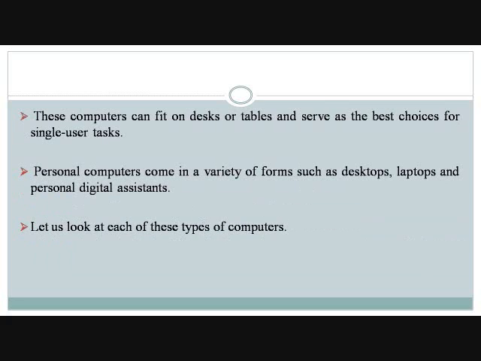These computers can fit on desks or tables and serve as the best choice for single user tasks. Personal computers come in a variety of forms such as desktops, laptops, and personal digital assistants. Let us look at each of these types of computers.